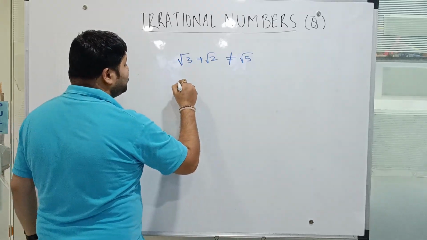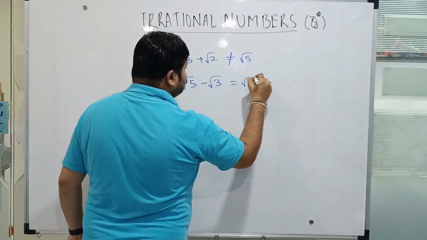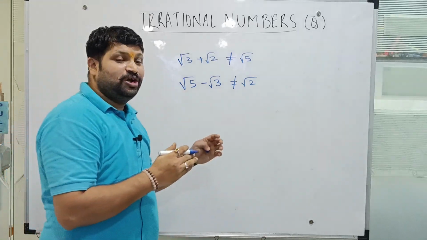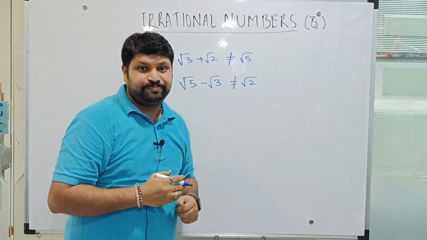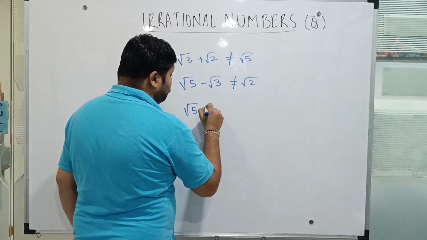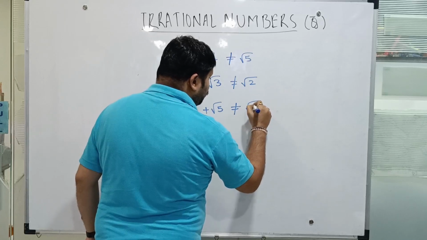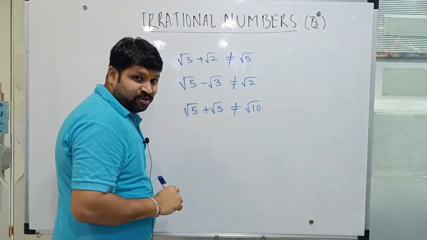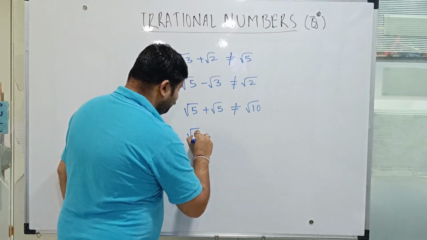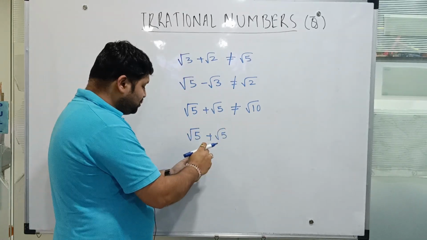Nor can I subtract it as root 5 minus root 3 is equal to root 2. I cannot say it because it is not true mathematically. Also, root 5 plus root 5 will not be equal to root 10. Rather, if I have root 5 and root 5, I will consider this a single unit.